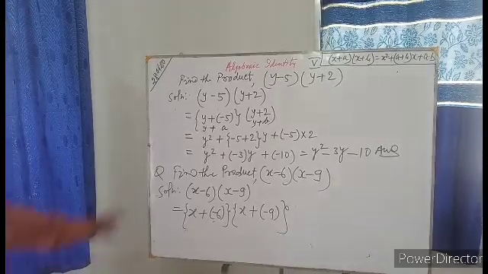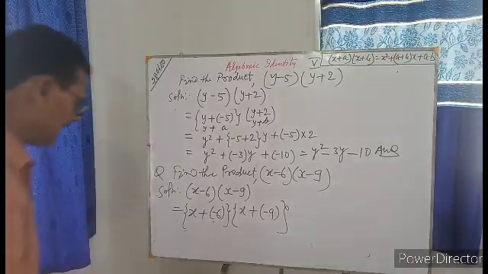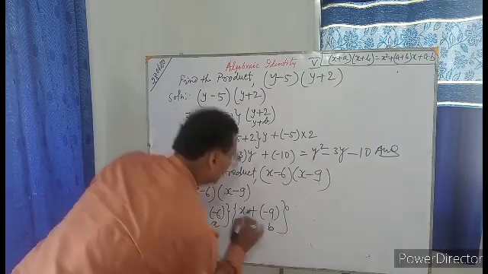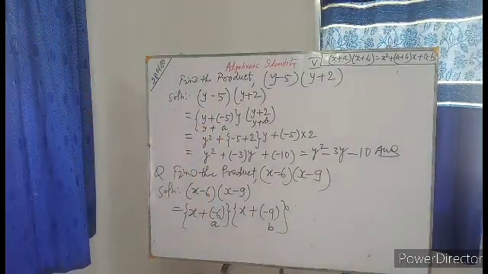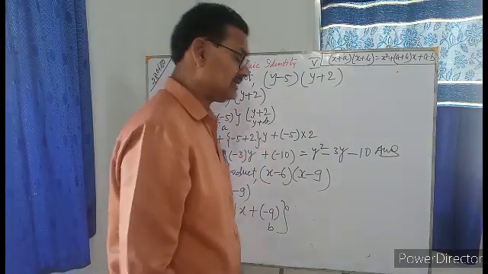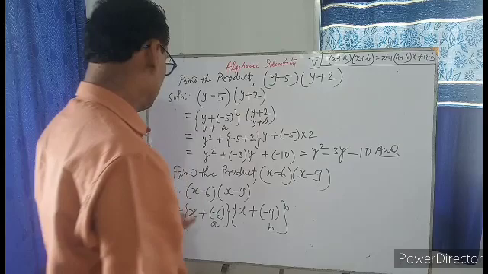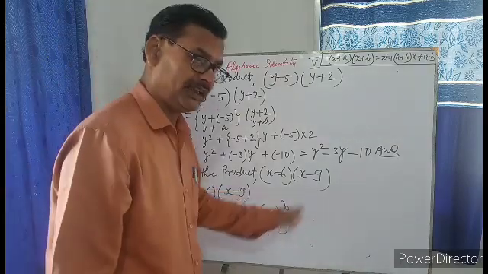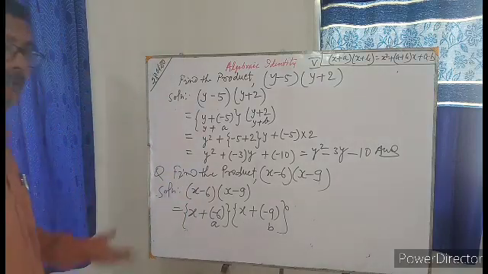Now you can easily recognize this is a and this is b. Anybody has any confusion in recognizing a and b? x is the variable and the other numbers: -6 is a and -9 is b. Now you don't have any problem.